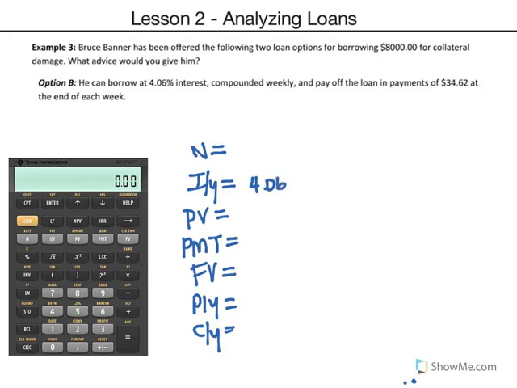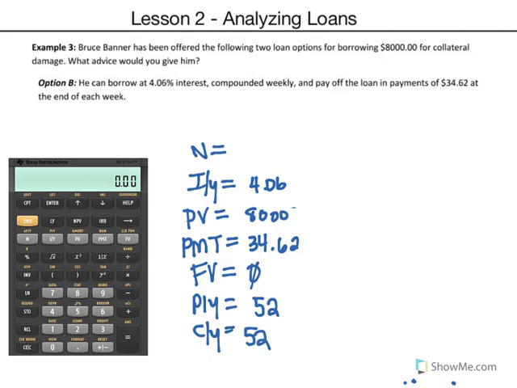He's making weekly payments of $34.62. So weekly is our payments per year. The payment, I put that in the wrong spot, is $34.62. We know he loaned $8,000. We want to get to a future value of 0, and it's compounded weekly, so that's a 52.